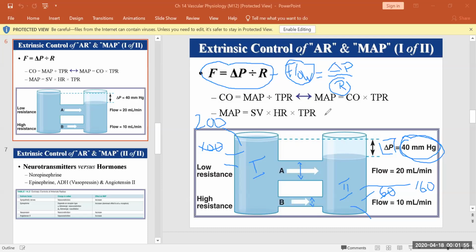Delta P drives the fluid forward; resistance is the force that opposes flow. So the stronger the gradient of pressure, the higher the flow. The lower the resistance, the higher the flow. And vice versa. The lower the delta P, the flow will decrease. The higher the resistance, the flow will also decrease.